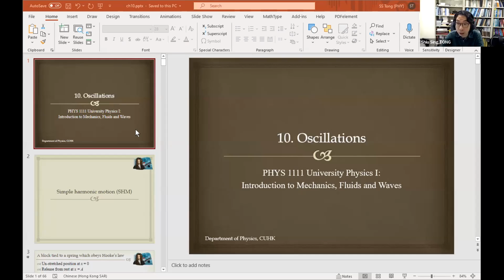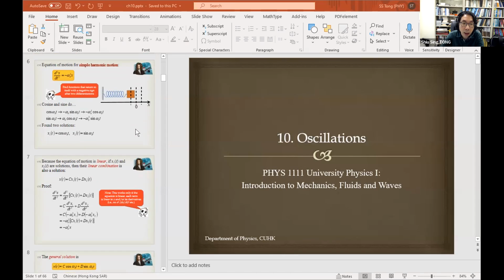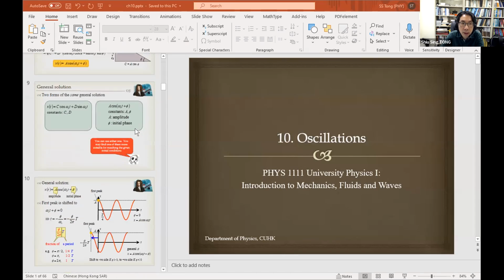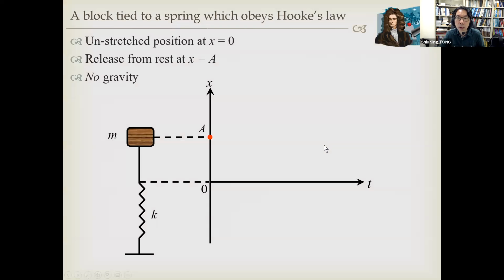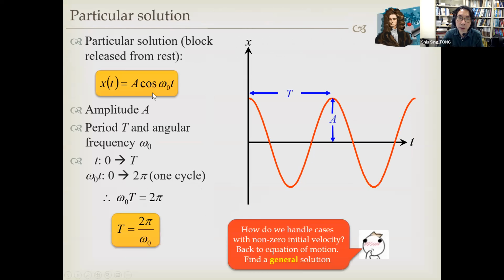Now, in the previous lecture, we have already started our discussion on oscillation, right? We have shown the general solution to the equation of simple harmonic motion, which we said can be fitted with a cosine function.